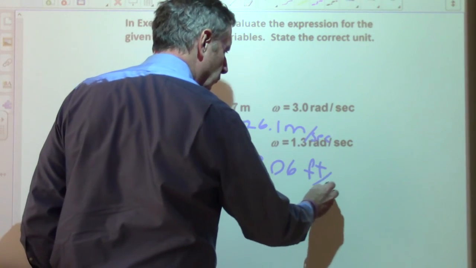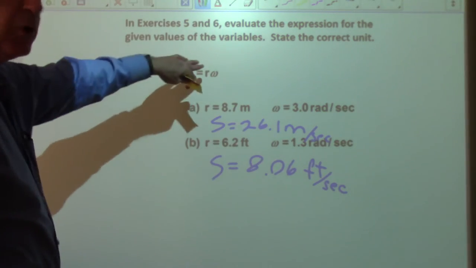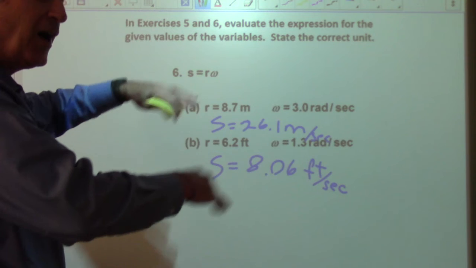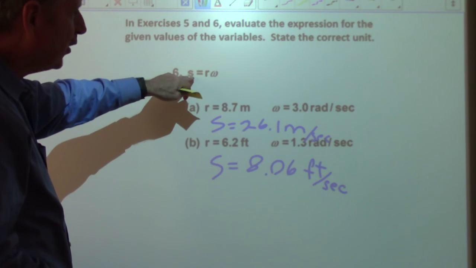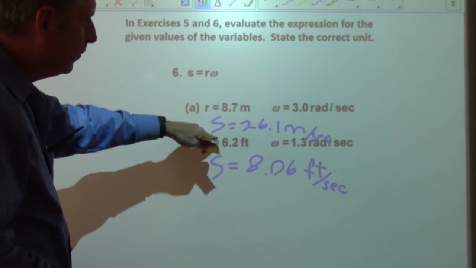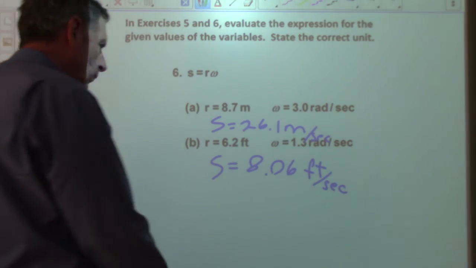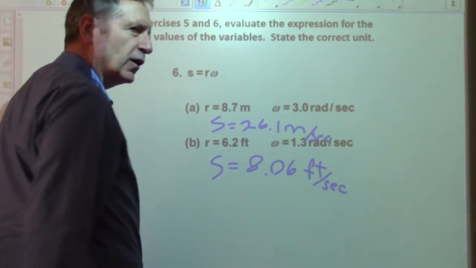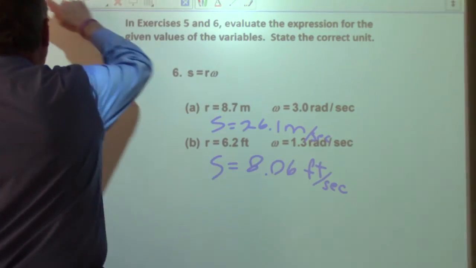In this case where you have rotational velocity, it's going to convert into arc velocity. So that's what that is, all right? It's going to be 8.06. Okay, that's what I thought.